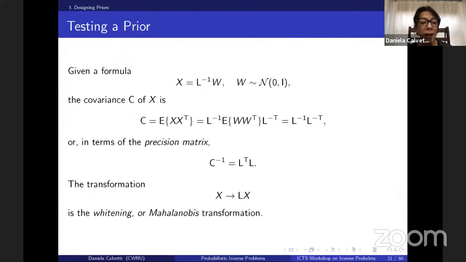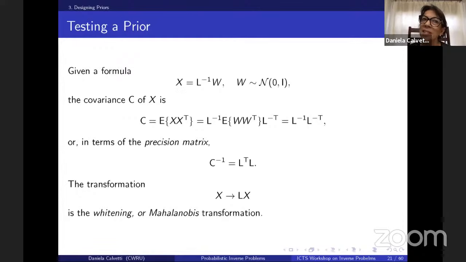It's also one that tells us how we go from a random variable X here to what is called white noise.